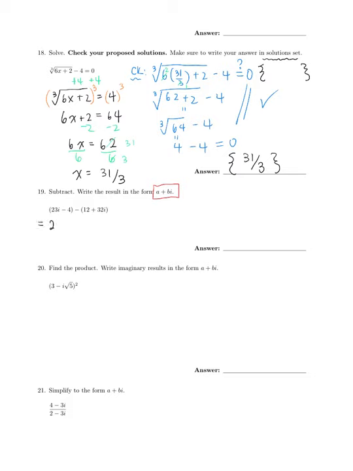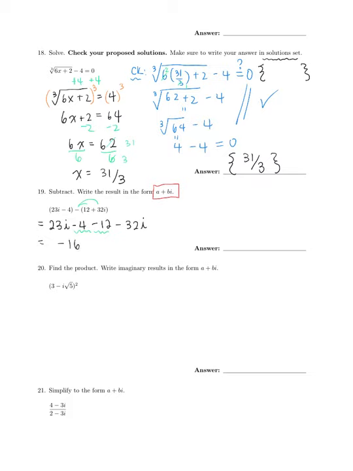So here this is the same thing as 23i minus 4. And then all you have to do is drop that parentheses by distributing that negative sign in. So you're going to have negative 12 and then negative 32i. All right? So then let's combine the real parts together. You have negative 4 minus 12, so that's minus 16.